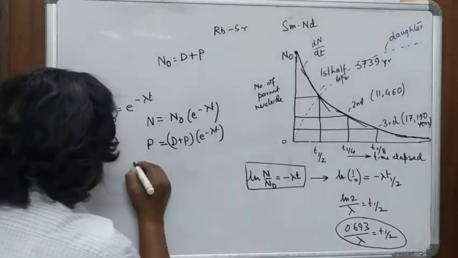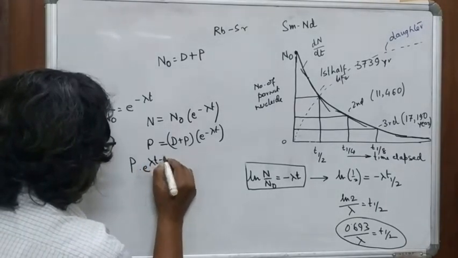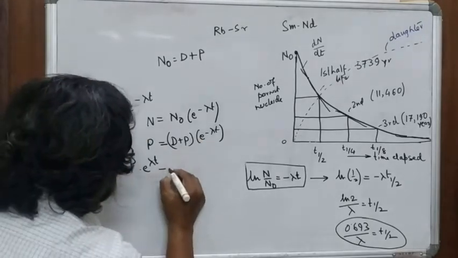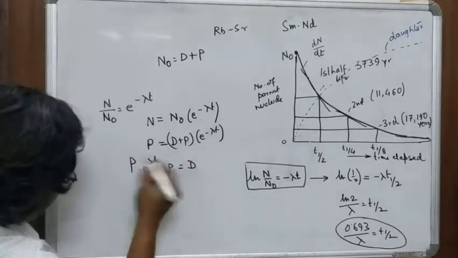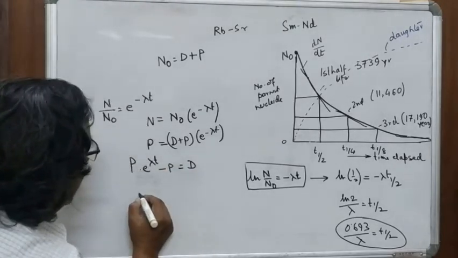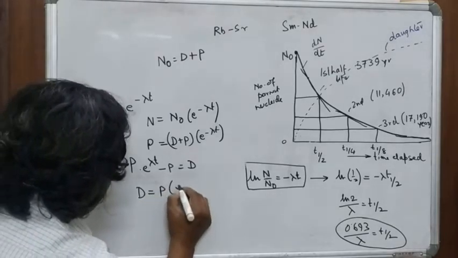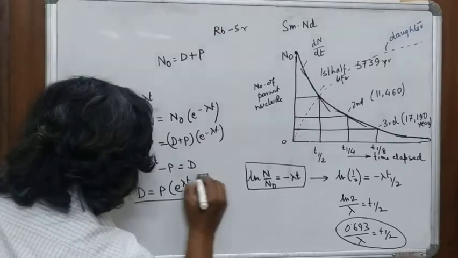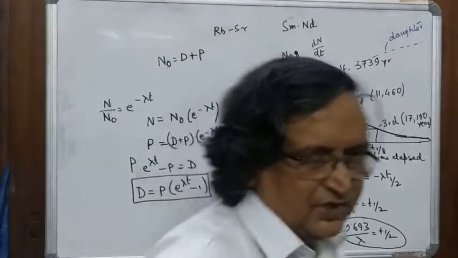So we can write P into e to the power lambda t minus P is equal to D. Or if you reverse it, D is equal to P into e to the power lambda t minus 1. Now this is a relationship that is very much used by people who deal with isotopic systems.